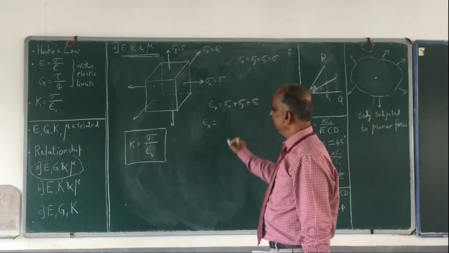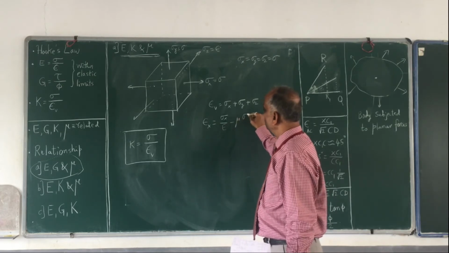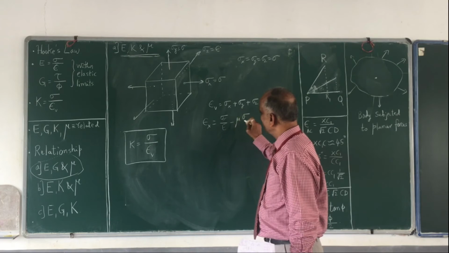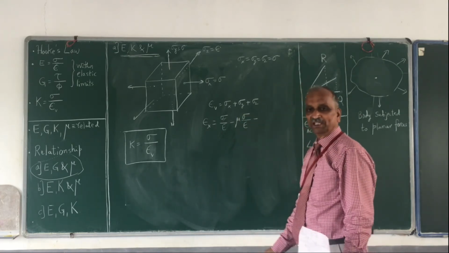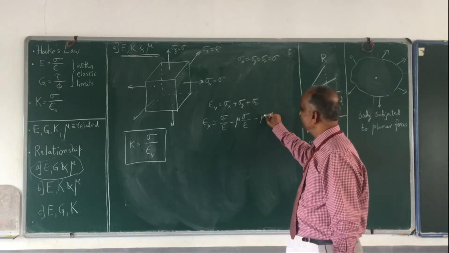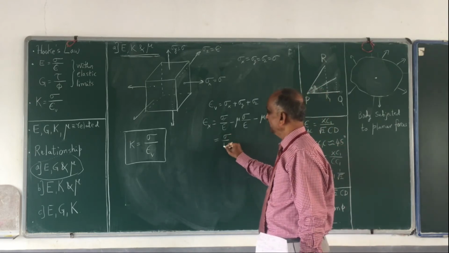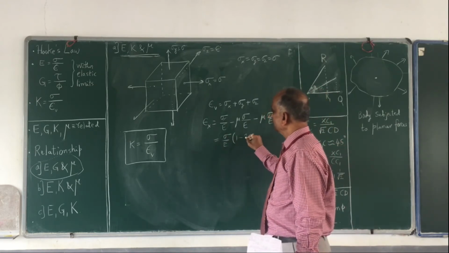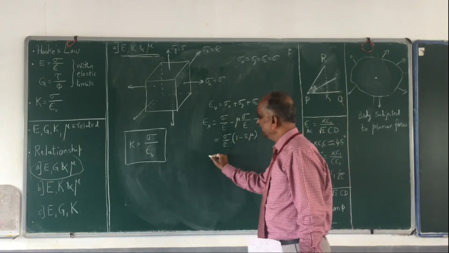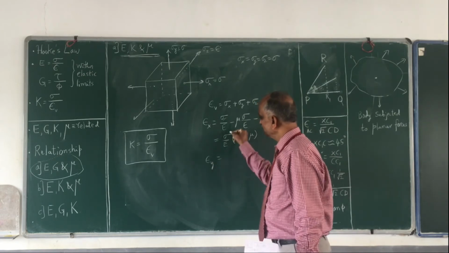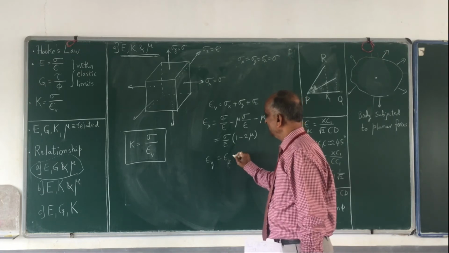Epsilon x is equal to sigma x by E minus mu into sigma y by E, which is also sigma, minus mu into sigma z by E, which is also sigma. This I shall write as sigma by E into 1 minus 2 mu. And epsilon y is also the same as epsilon z, which is also the same as this.